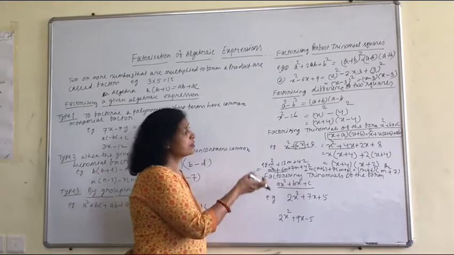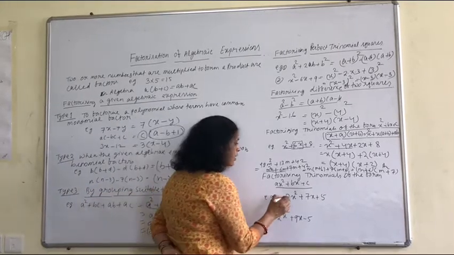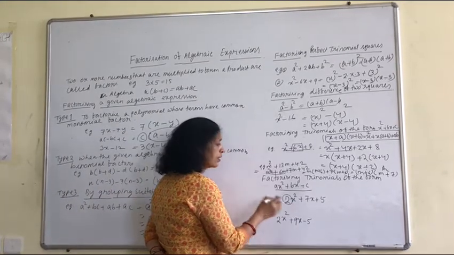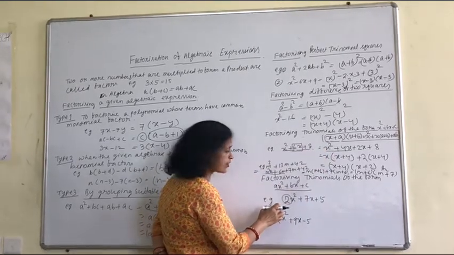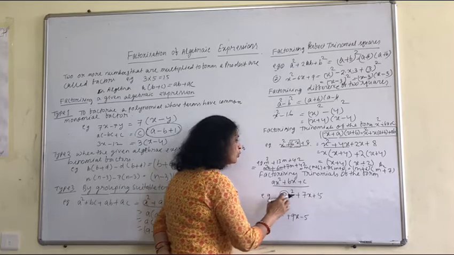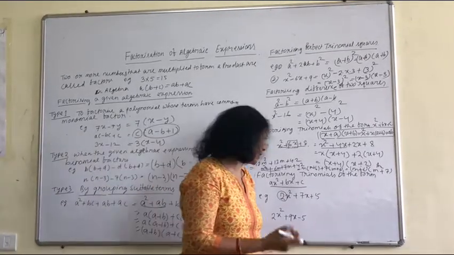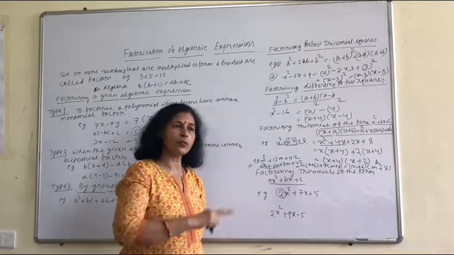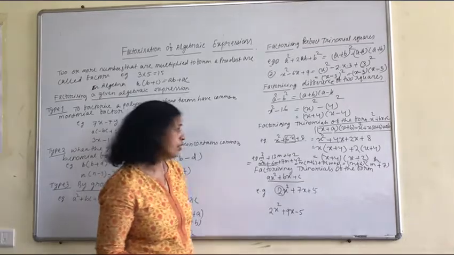This is also a similar type of middle term split, but here a is present. Here it was only x square, but now you have 2x square. So 5 into 2 is 10. What are the factors of 10? If you multiply these two factors, you get 10, and if you add, you get 7.